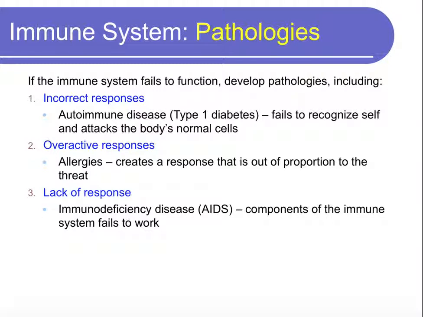So the response is just much bigger, and as a result, it starts to have negative consequences on our body. And the third is a complete lack of a response. So the example is an immunodeficiency disease like AIDS, where components of the immune system just fail to work. And as a result, as you might suspect, you're going to have increased incidence of illnesses and sicknesses and pathologies develop.